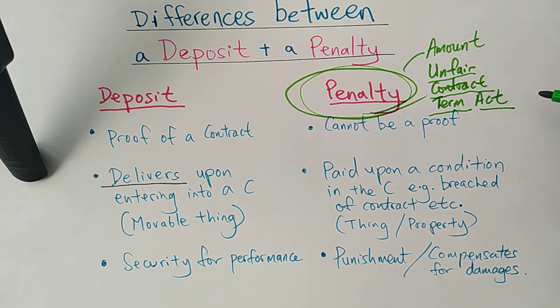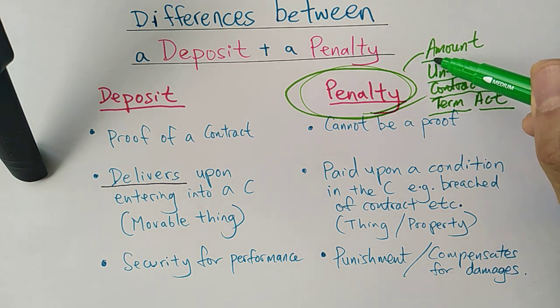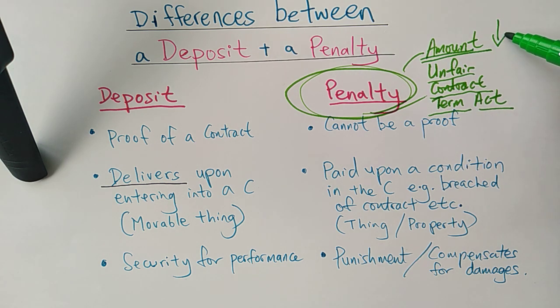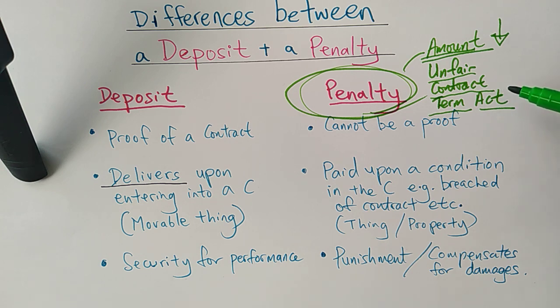This law gives the court the power to reduce the penalty amount, to bring down this penalty amount, if the court thinks that the penalty amount as agreed by the contractual parties is too high.